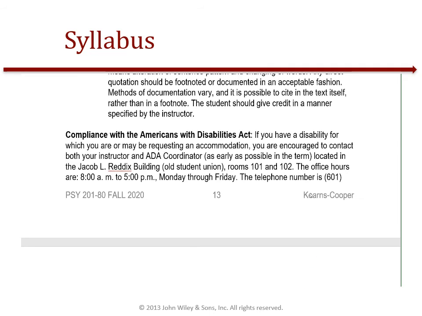Okay, now let me talk about the compliance with the Americans with Disabilities Act. If you fall into this category, there is a form that you would have to get completed.